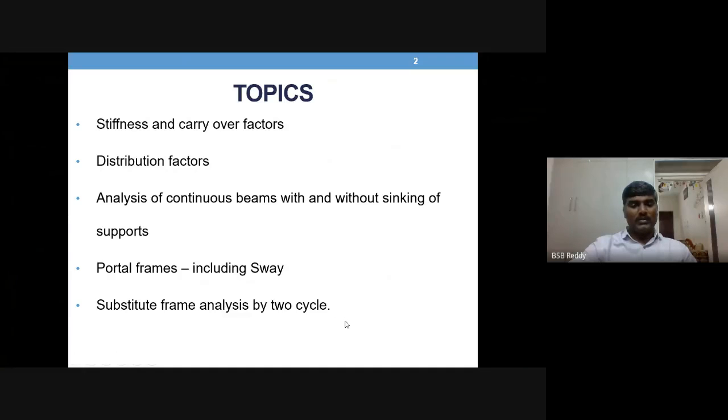So this is the syllabus of Unit 4, where the required quantities are to be defined and the formulas are to be derived. We will be solving continuous beams as well as portal frames.